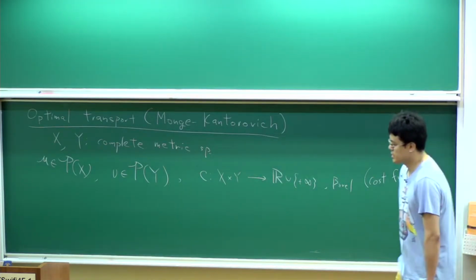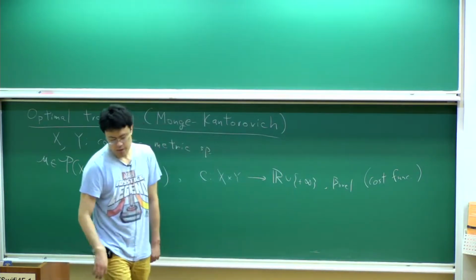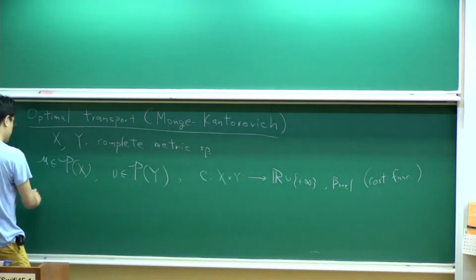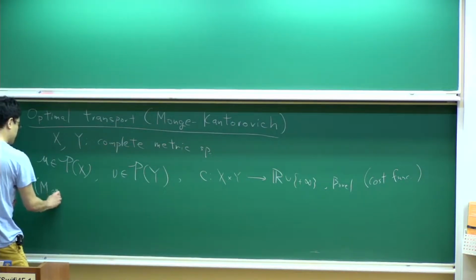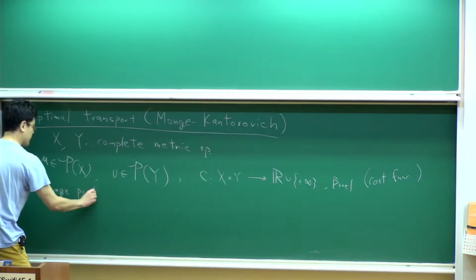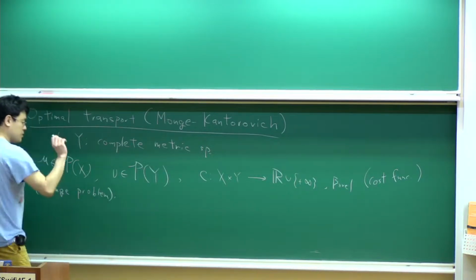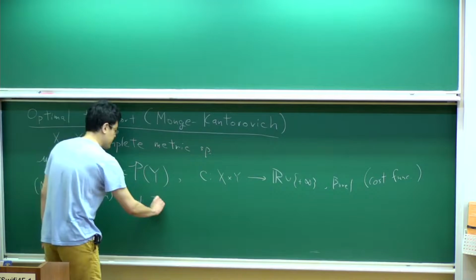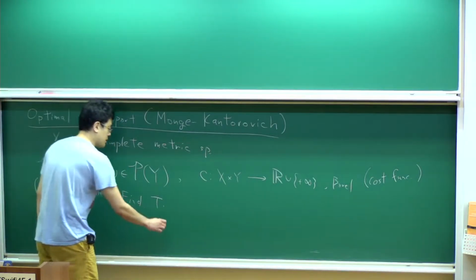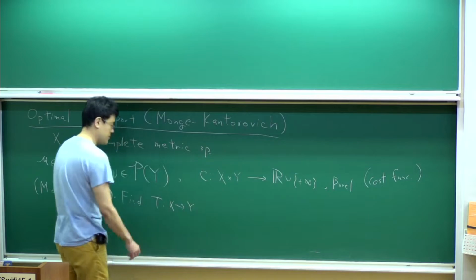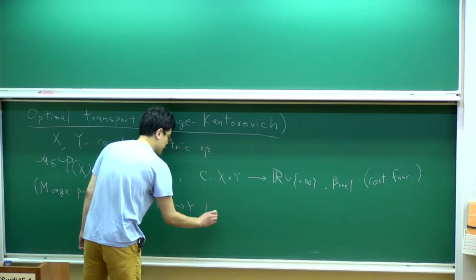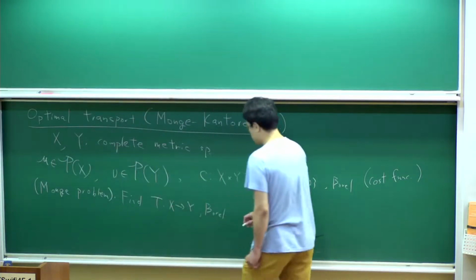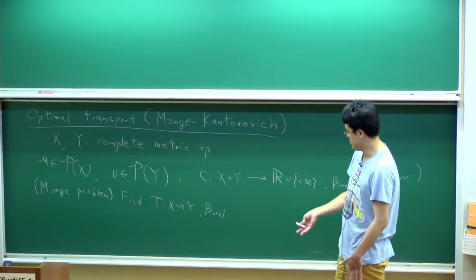So then what exactly is the optimal transport problem? The original optimal transport problem is due to Monge, so it's often called the Monge problem. What is the Monge problem? We want to find a map, call it T, from X to Y that is measurable, so Borel. And we want to minimize a certain functional.